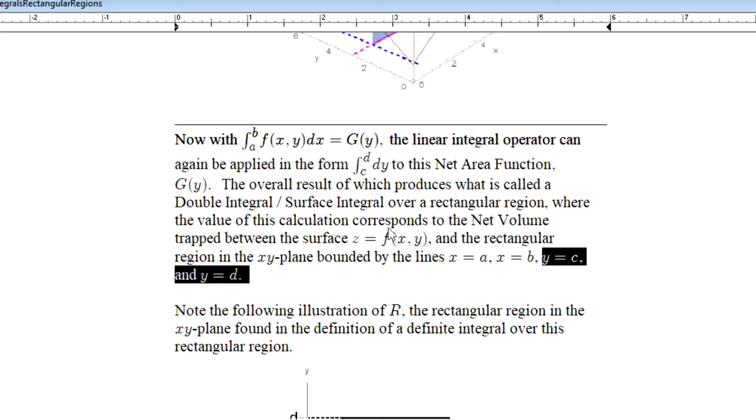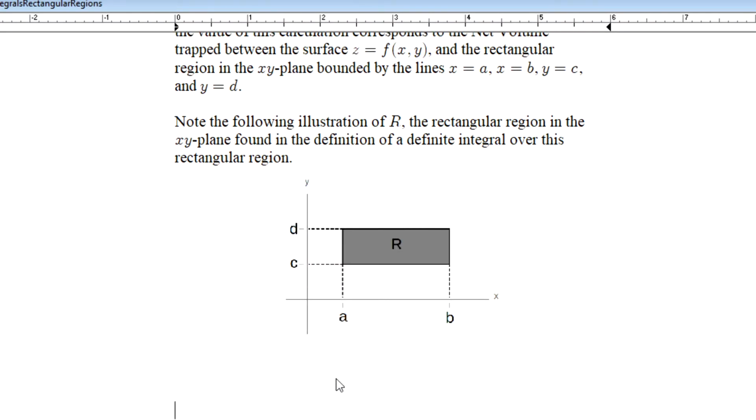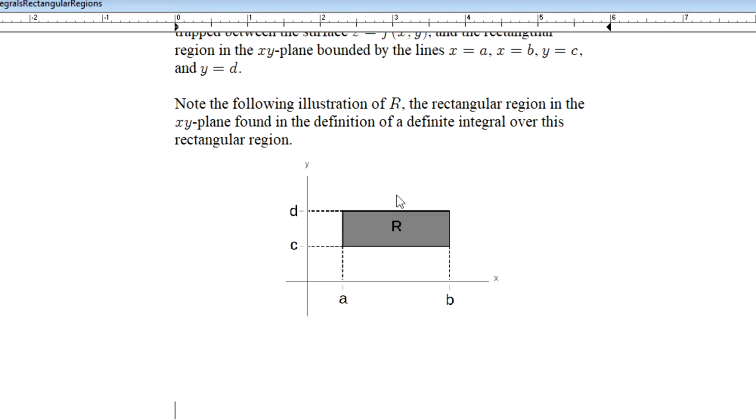And if we consider the region over which this integration is going to occur, in 2-dimensional space, it's going to occur over this region R here. That is this rectangular shaped region bounded by these lines where x equals a and x equals b, and where y equals c and y equals d.